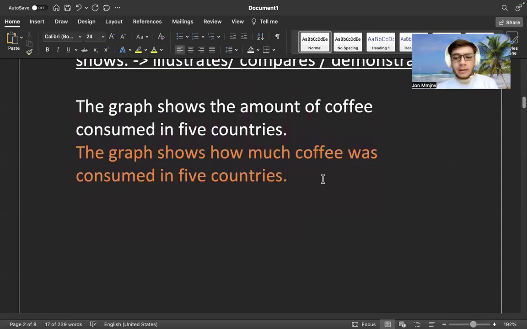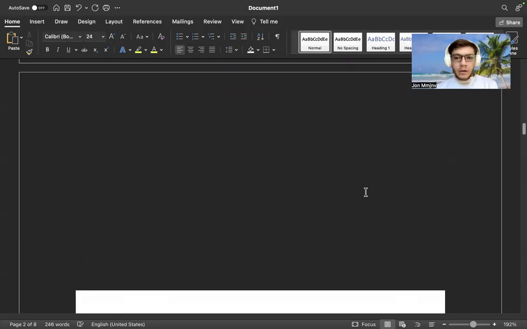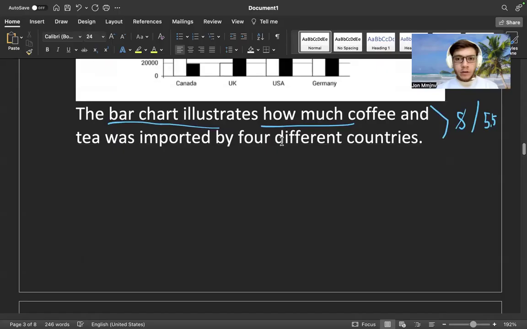And the last thing is, in introductions, use letters for numbers 1 to 9. Okay. So I've shown this here, right? 4 countries.